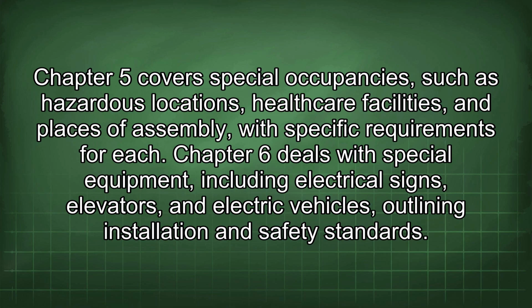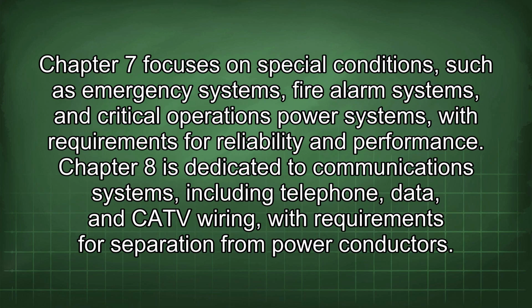Chapter 6 deals with special equipment, including electrical signs, elevators, and electric vehicles, outlining installation and safety standards. Chapter 7 focuses on special conditions, such as emergency systems, fire alarm systems, and critical operations power systems, with requirements for reliability and performance.